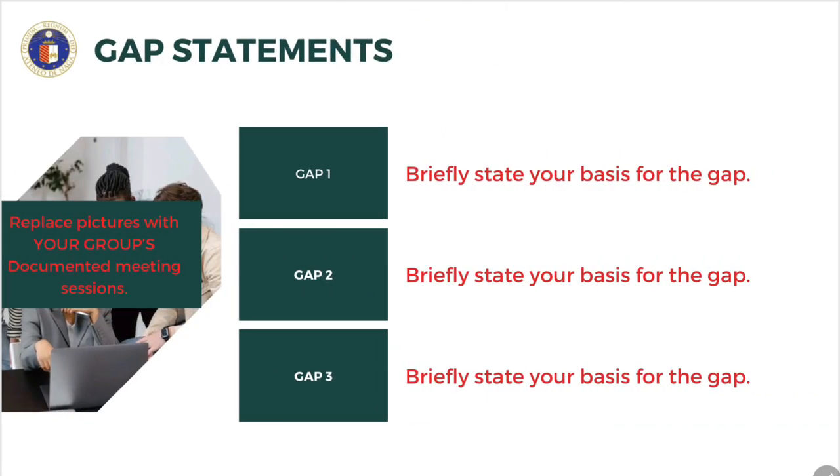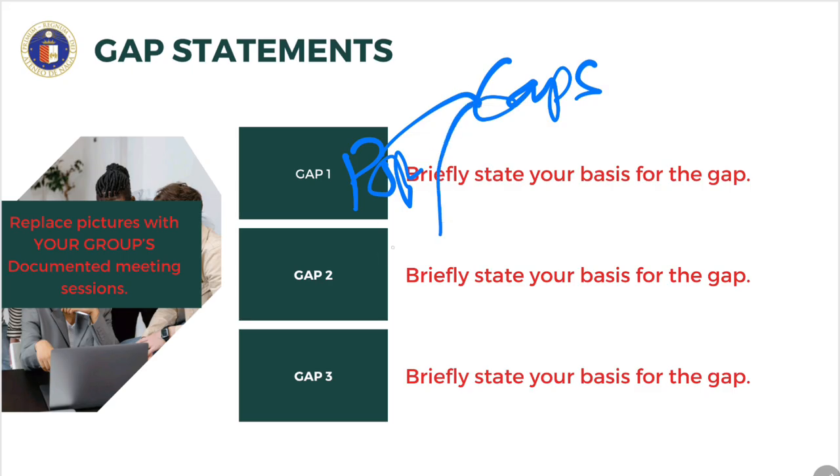Okay, so gap statements, I believe that in a previous video there is an exploration of gaps that you can explore in your study. So mention here if it's a population gap, or say a practical knowledge gap, or say a methodological gap.